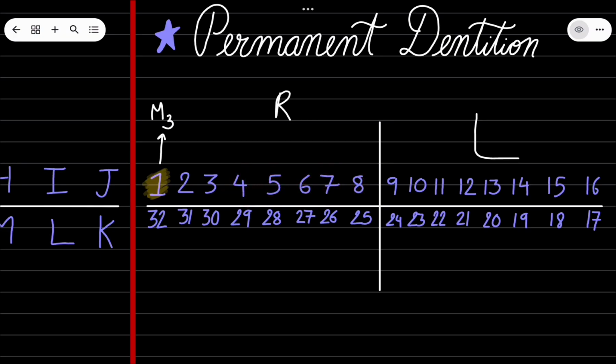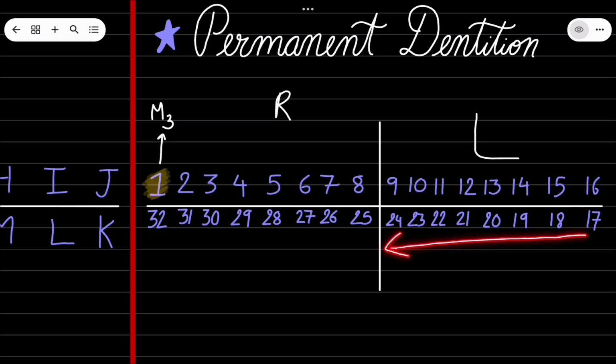So first we will write the maxillary right third molar, then we will move into the maxillary left quadrant, from here 9, 10, up till the left maxillary third molar. Then we will move downwards onto the left mandibular quadrant, where we will again name the left mandibular third molar.